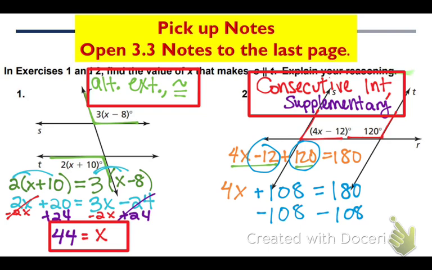So 4x equals 72. Divide by 4, and x equals? How many times does 4 go into 7? Once, with 3 left over. How many times does 4 go into 32? 8 times. So it's 18. All right, and again, our reasoning is that they're consecutive interior, which means they are supplementary.